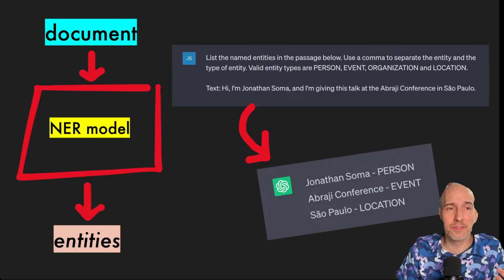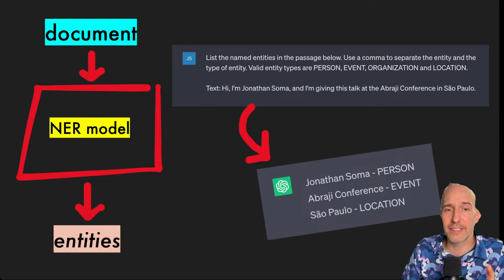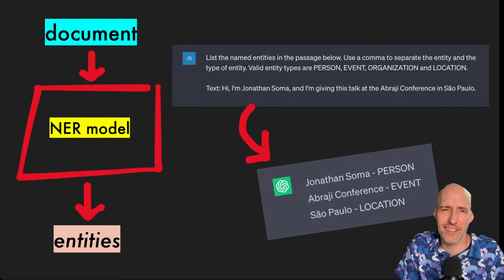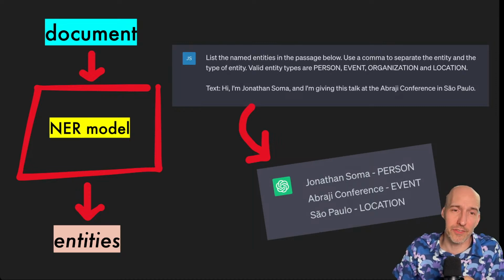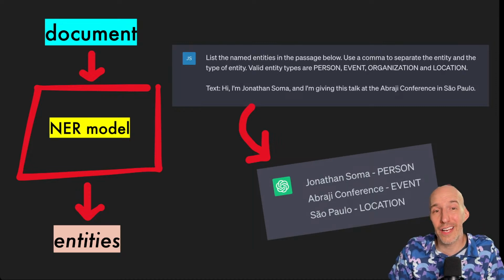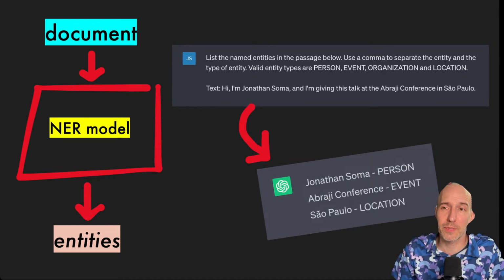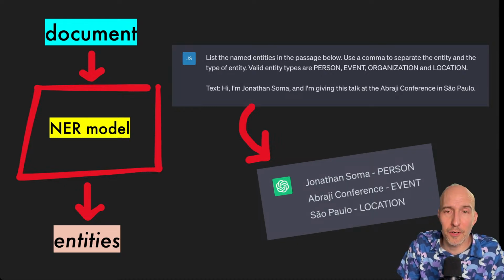And if I know that this is called a named entity recognition model, so easy, so great. I can just take the document, plug it into my NER model and get the entities back, and it's perfect. I know that I can type some text like this that says, hey, ChatGPT, list the named entities in it below.